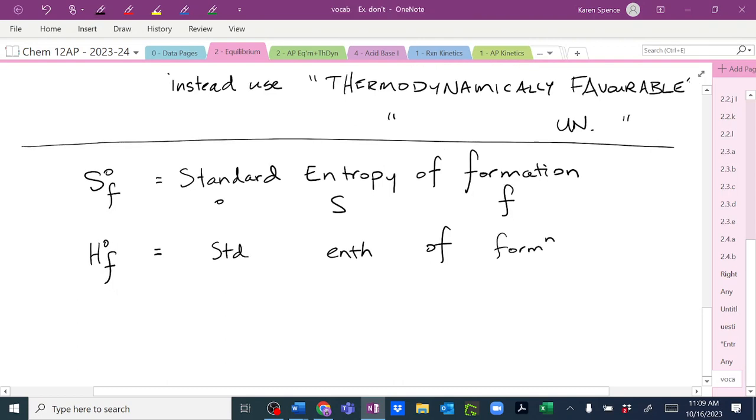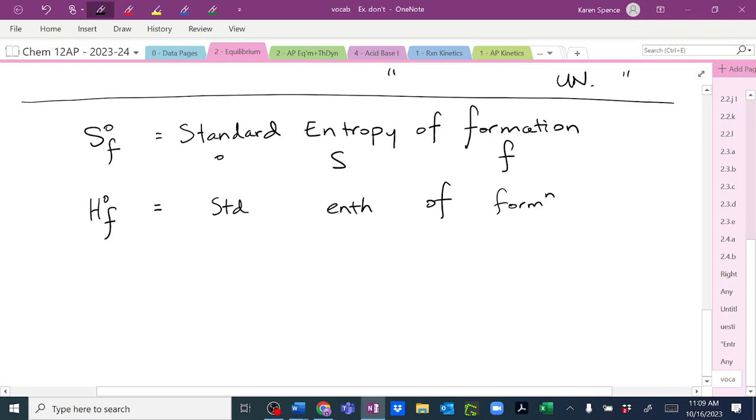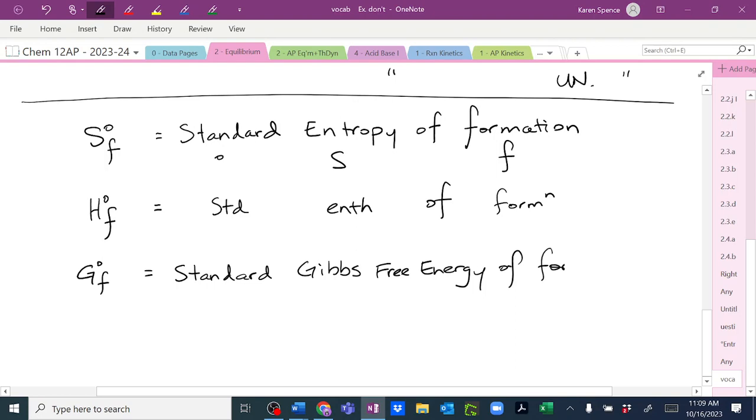And we're going to learn another one today, which is G naught F, which is standard Gibbs free energy of formation.